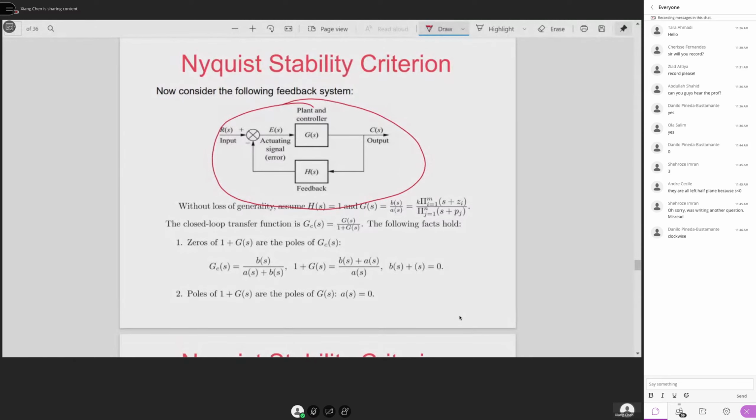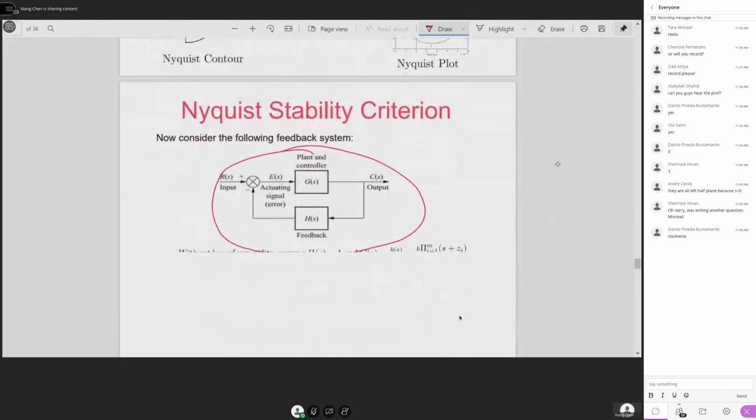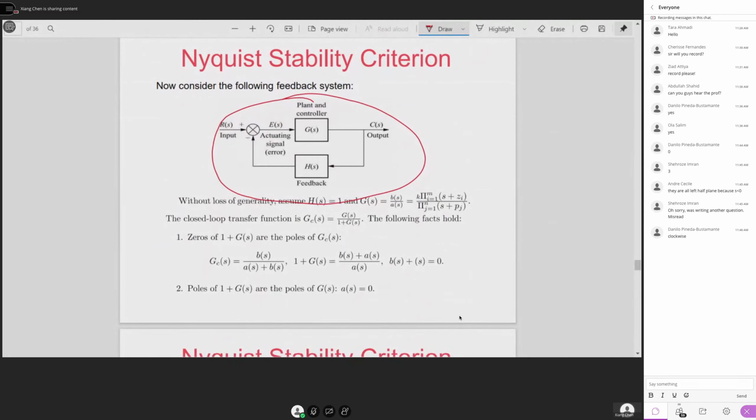If you recall in Control 1, I said many times that it is very important to know what's going on for the closed loop system. This is the closed loop, but this is the open loop system. We assume that H(s) is equal to 1, without loss of generality.